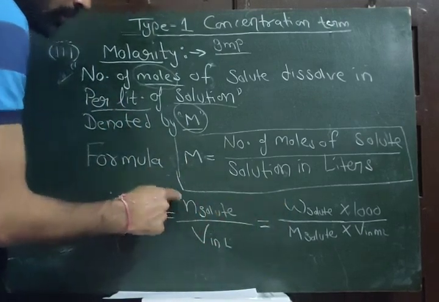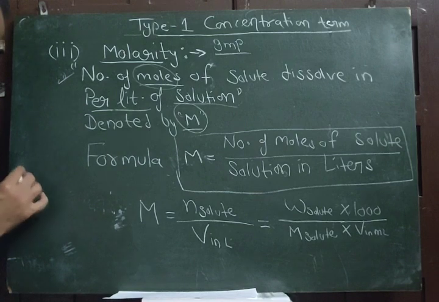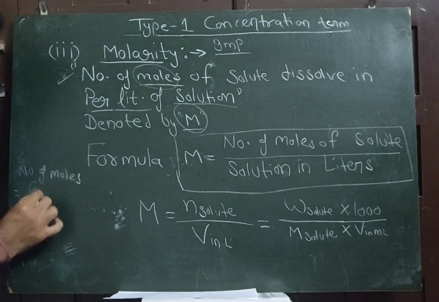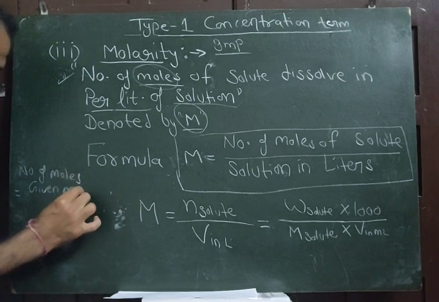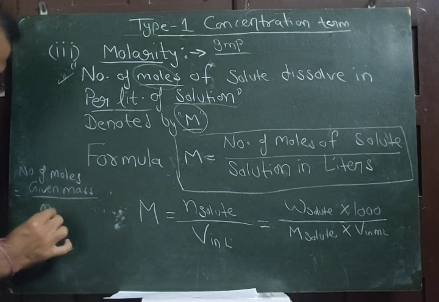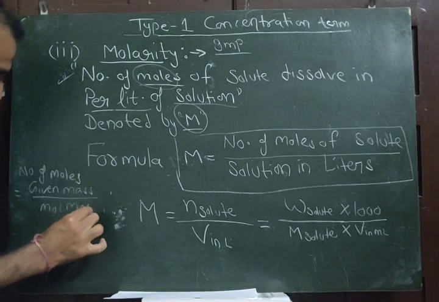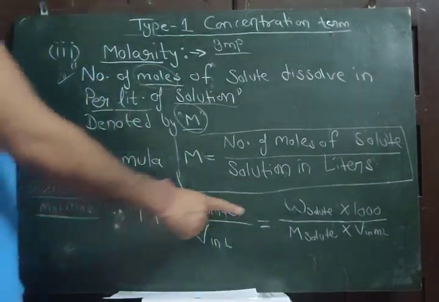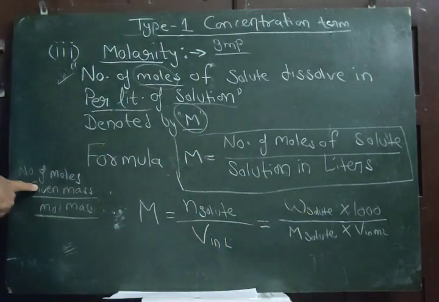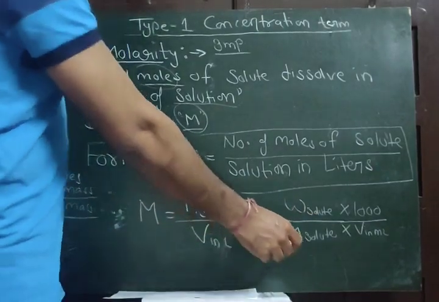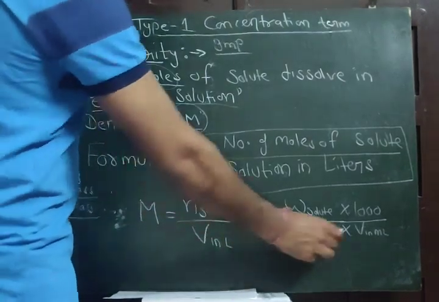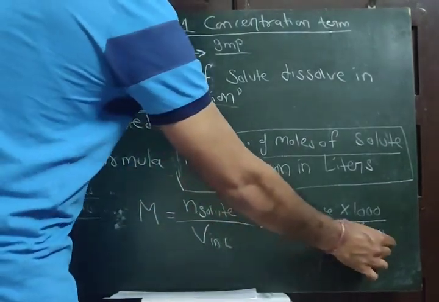We also know the formula of the number of moles: the number of moles equals the given mass divided by the molecular mass. So the other version of molarity is the weight of the solute, the given mass, divided by the molecular mass of the solute, M solute, multiplied by volume in ml.